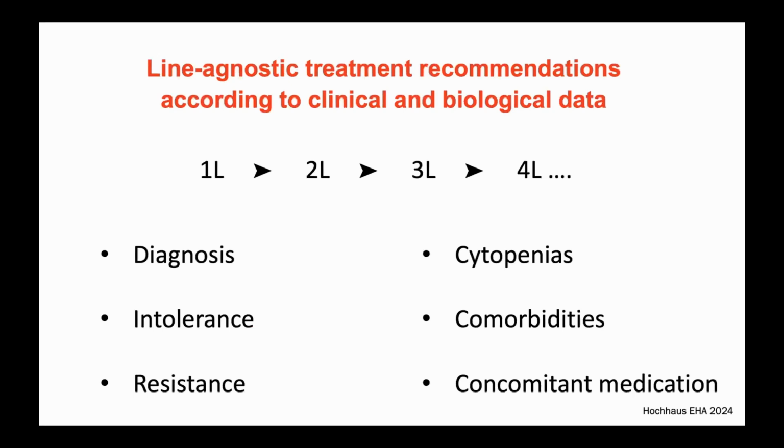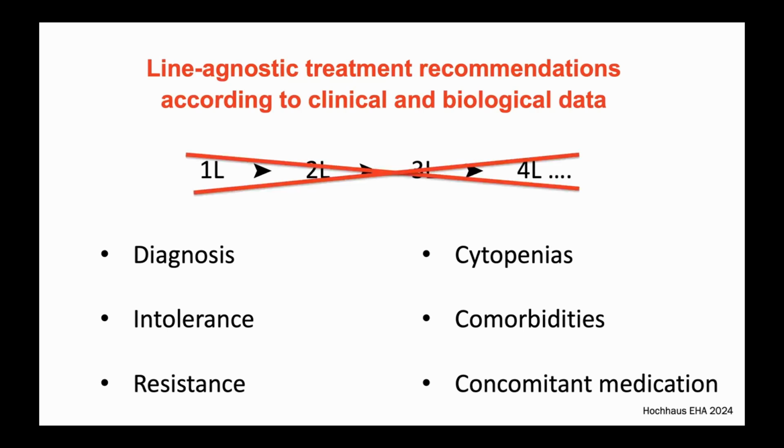And we have in the registration criteria different lines of treatment. 4 drugs are registered for first line and a few are registered for third line. There is an in-between. I don't care about that. I don't see the lines anymore.